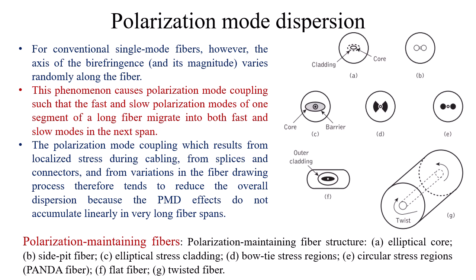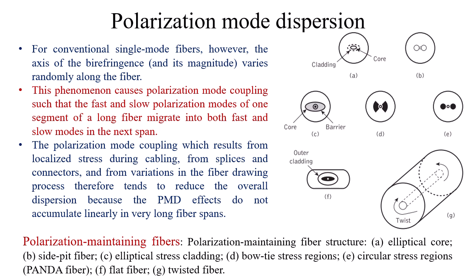For conventional single mode fibers, the axis of birefringence varies randomly along the fiber. So this phenomenon causes polarization mode coupling such that the fast and slow polarization modes of one segment of long fiber migrate into both fast and slow modes in the next span because of the change in geometry.